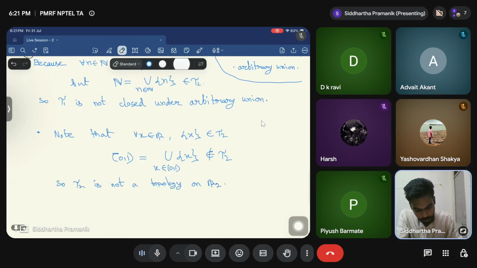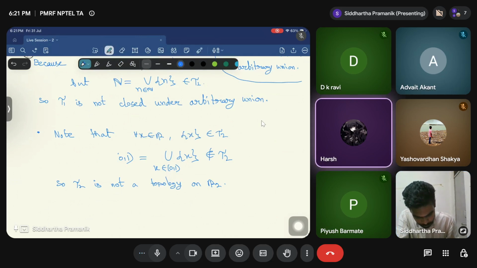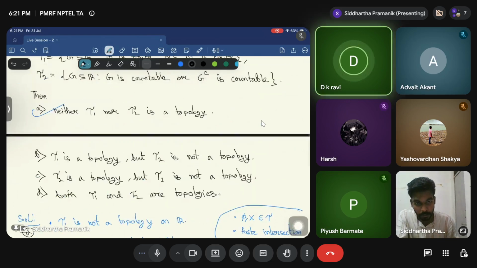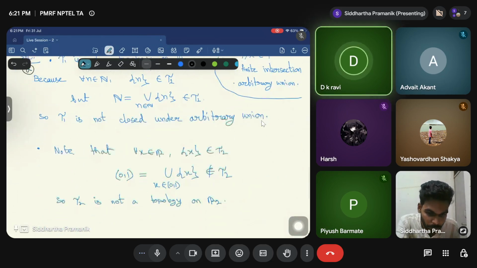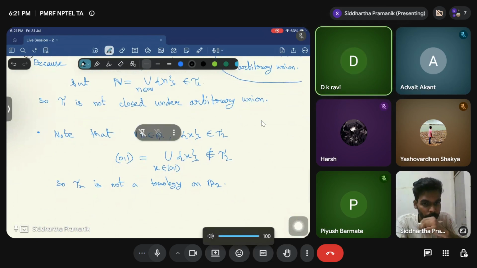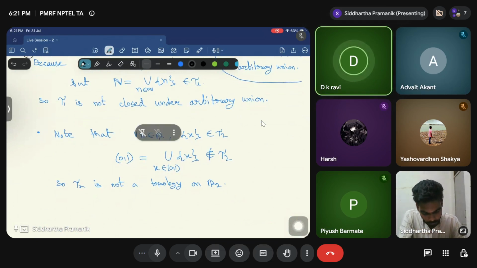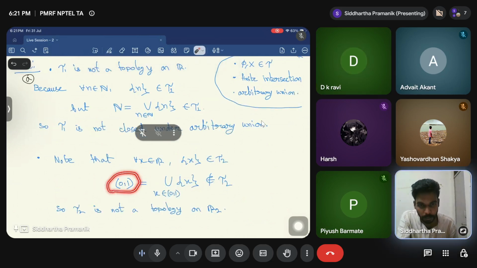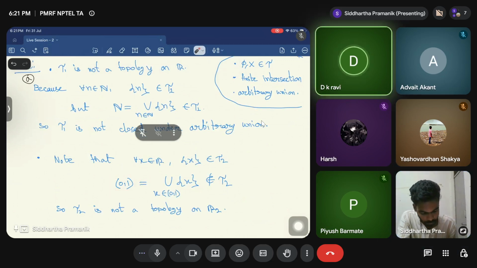But did you understand this example? Yes, sir. Okay. So even in place of (0, 1), can we take the arbitrary union of singleton sets {x}, x belongs to R? Instead of the open interval, we take R, the real line.